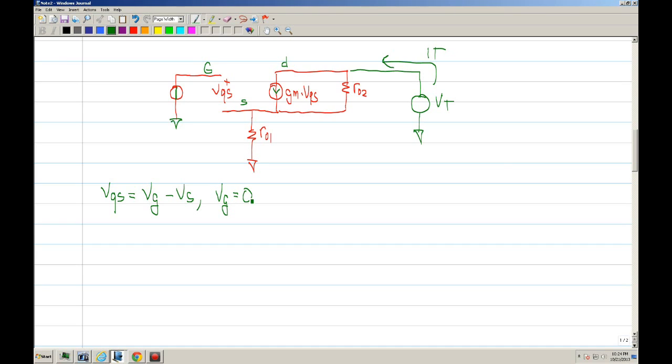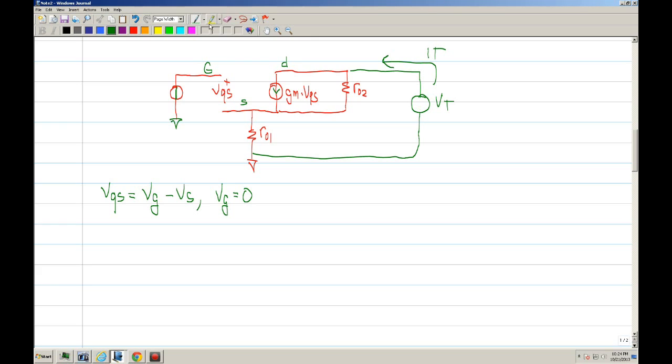Okay, and we look here, VG is equal to 0, and in VS, okay, now to make it a little bit more intuitive, let's short this across like this.